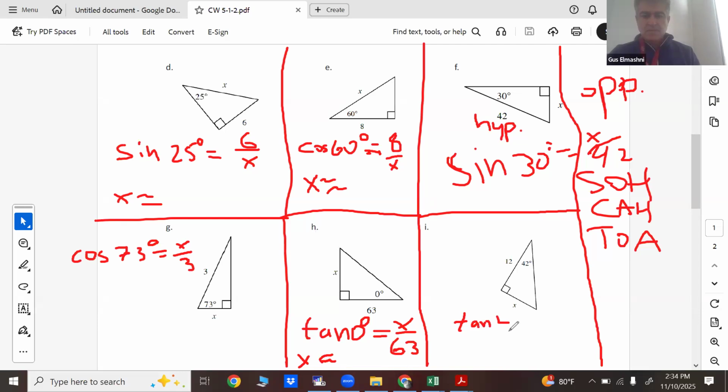Oh, that's super easy. Oh, that's weird. So when there's no hypotenuse, it's always gonna be tangent. Correct. Right, because it doesn't involve H.